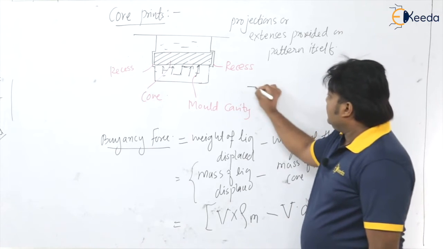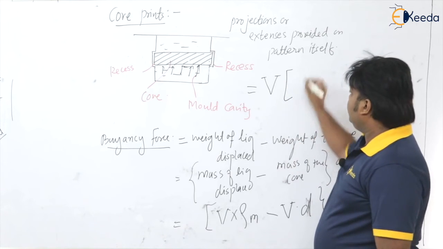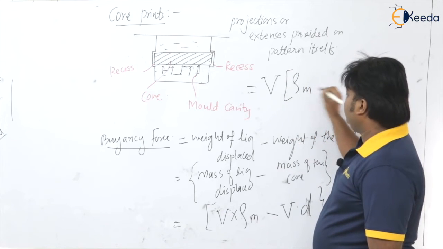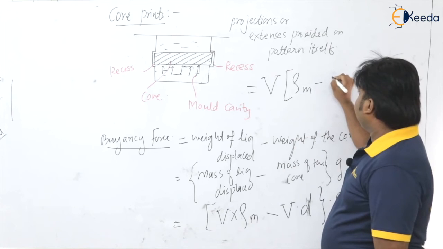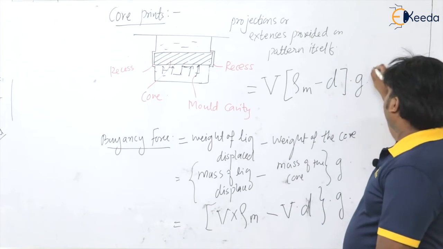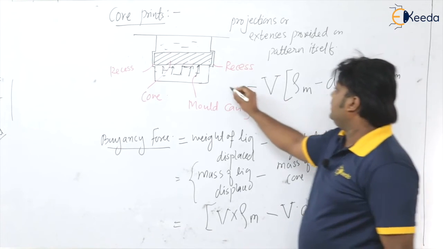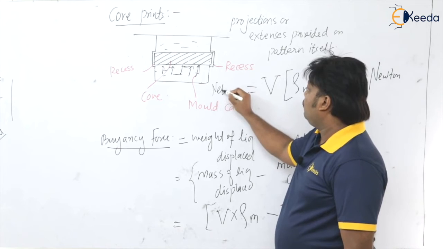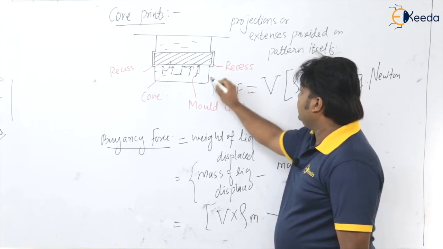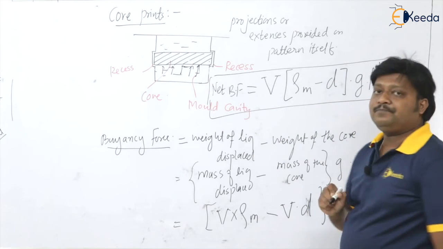Now I can take this volume V outside in a bracket: the density of molten material minus the density of core, into g, in newtons. So this is the net buoyancy force which is acting on the core.